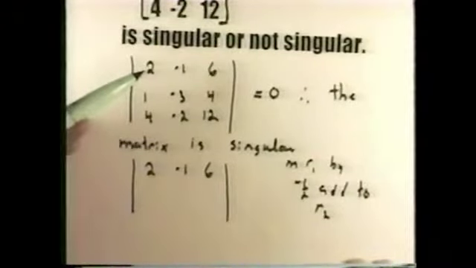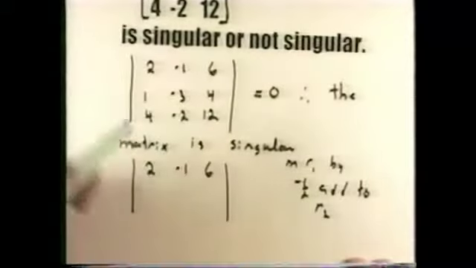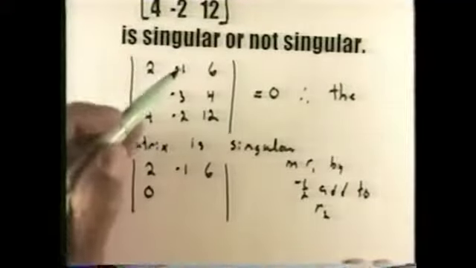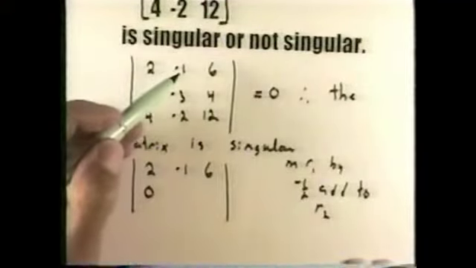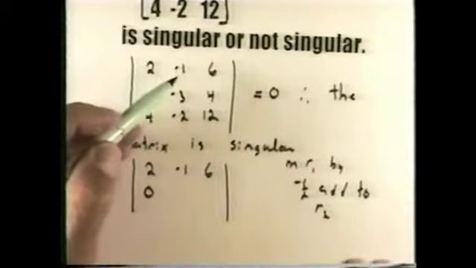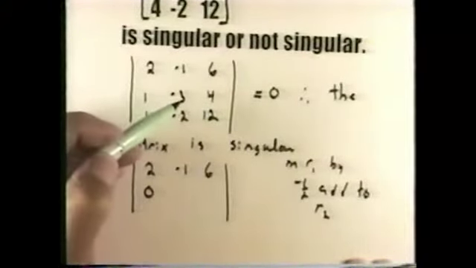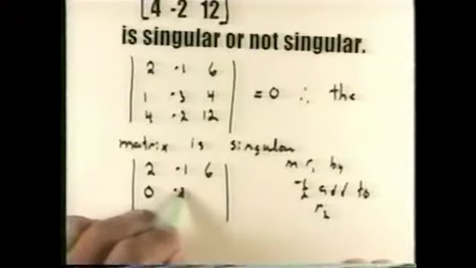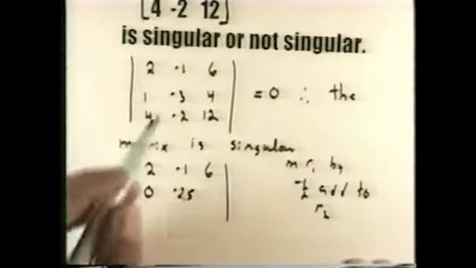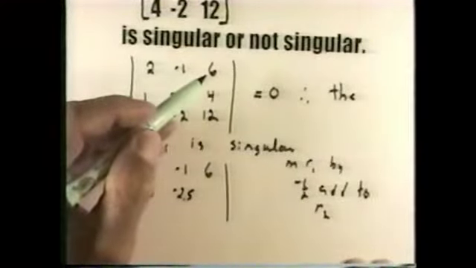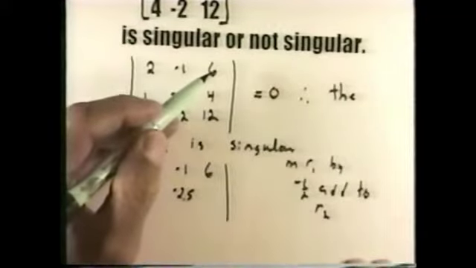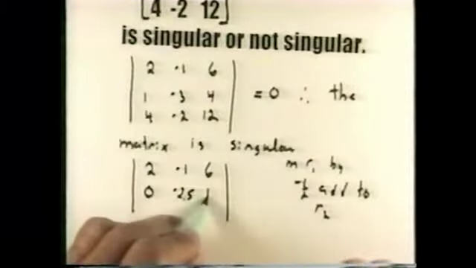A -1/2 times 2 is a -1, plus 1 is 0. A -1/2 times -1 is a +1/2. A +1/2 minus 3 is a -2.5. A -1/2 times 6 is a -3. -3 plus 4 is 1.